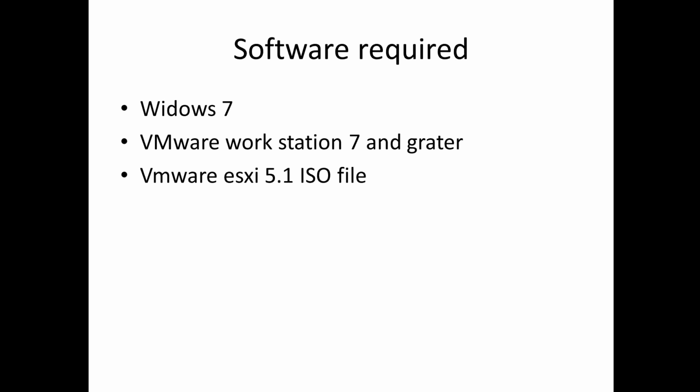On top of that we are going to create virtual ESXi servers. Initially we are installing only one ESXi server. After that we will clone it. There is a feature called cloning, so the same server environment will create another server.